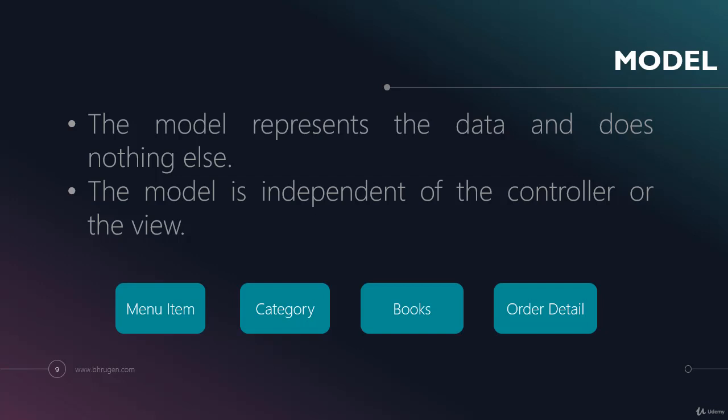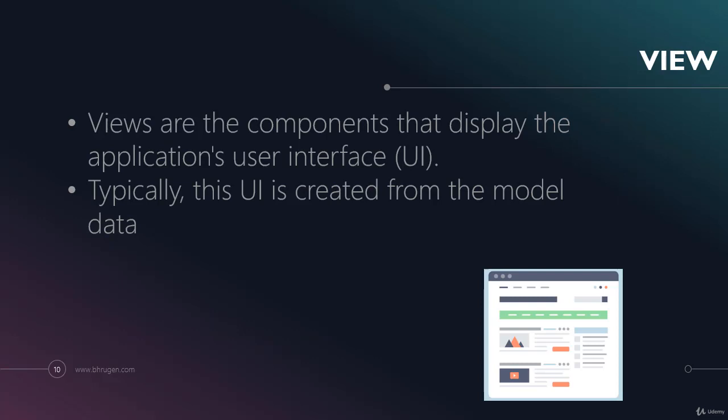So right now an example of a model could be a book, a menu item, a category, an order header or order detail. Every table that you have inside your database will have a corresponding model class inside your model folder. So every model would be a table and the properties of that model would correspond to the columns of the table. Next, what we have is view.